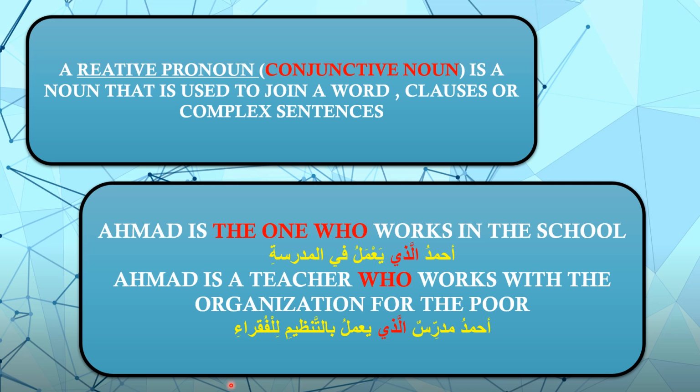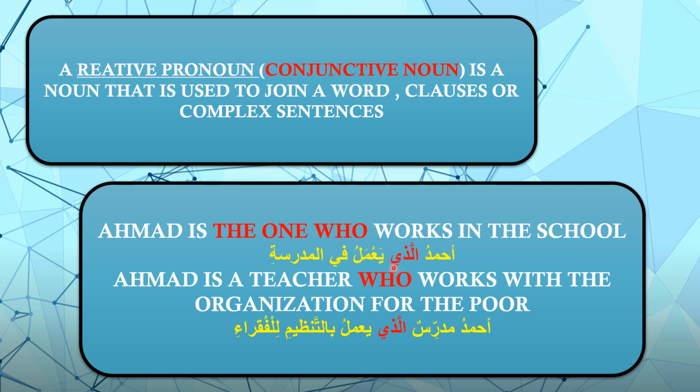Here you can see a simple noun has been joined together with the ism mausool, alladhi, and a jumla fi'liya. I have highlighted this in red color so that you can understand the whole phrase here, the one who, which becomes one word in Arabic.